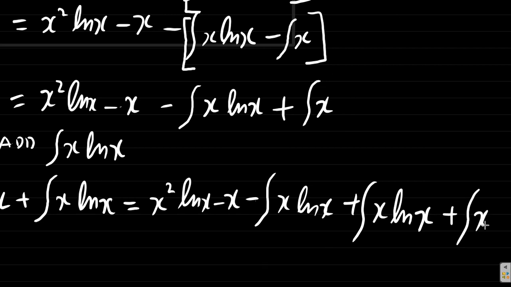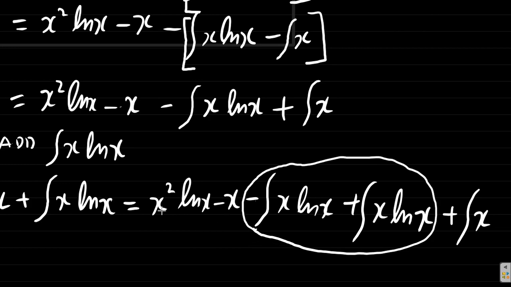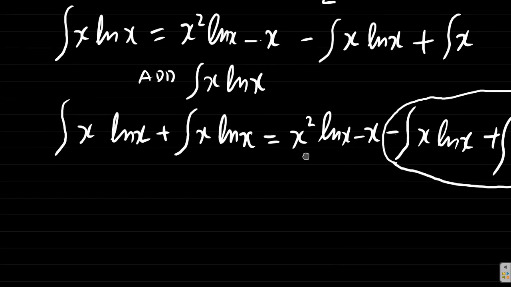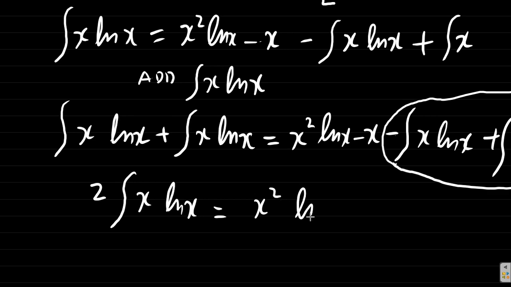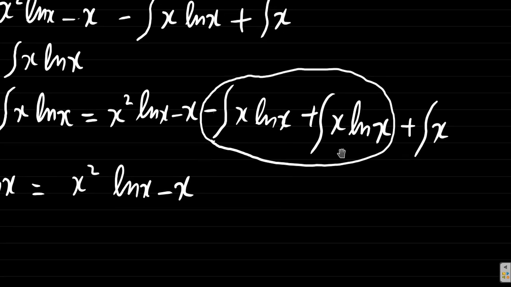And then we have this now, plus the integral of x. Now what you notice, negative integral of x ln x plus integral of x ln x. That is gone. Now here, integral of x ln x plus the integral of x ln x will give you 2 integral of x ln x. Now this is equal to x squared ln x minus x. Then what happens here?